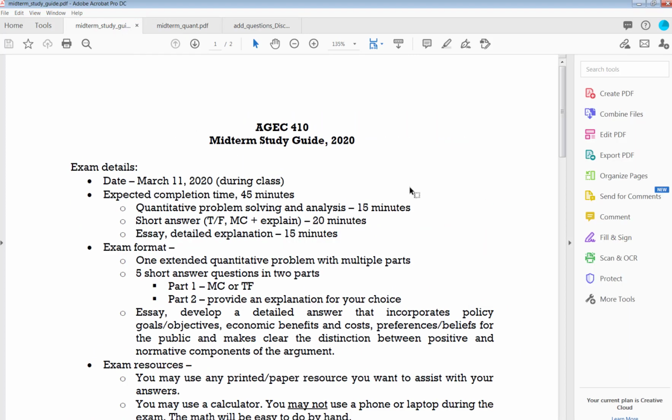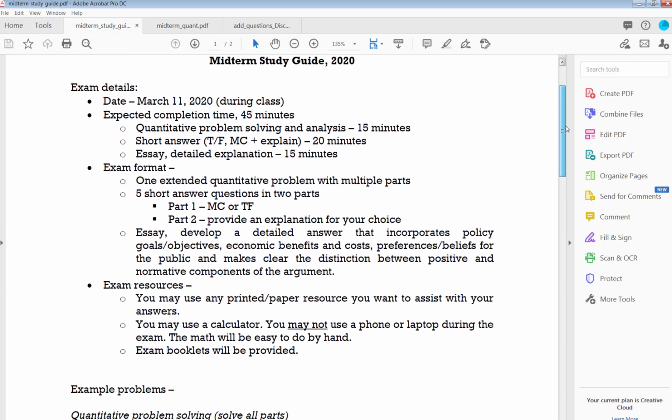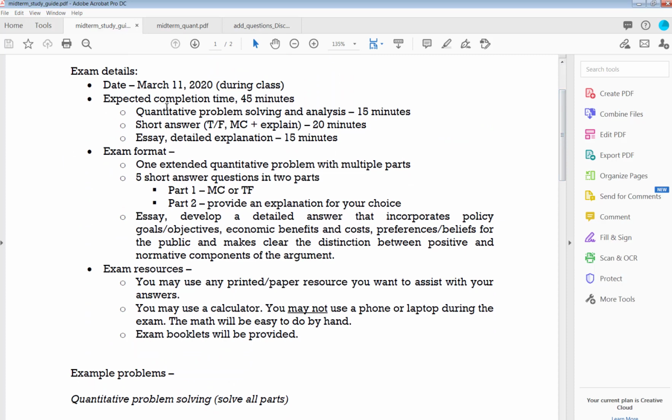I do want to jump over to the study guide just to remind everyone. So you'll have 3 sections: a quantitative, a short answer, and an essay. The essay question is probably going to be something that we haven't specifically discussed, so it'll be some kind of new thing, and basically ask you to use a combination of the policy objectives that we've talked about for farm policy.